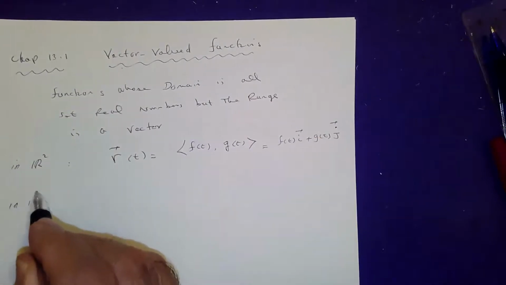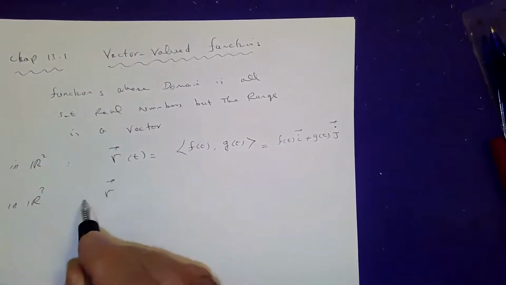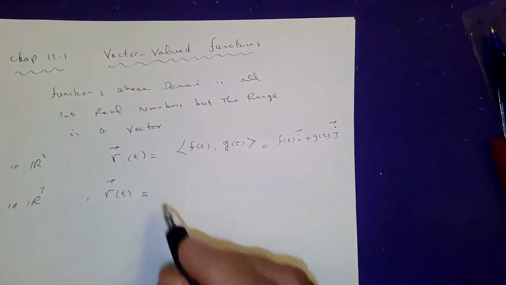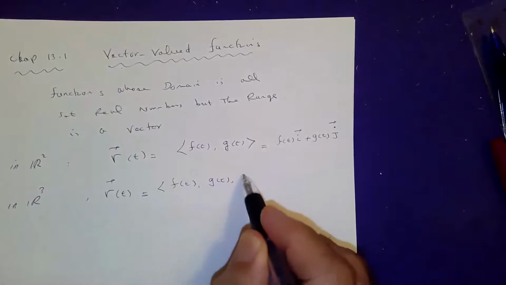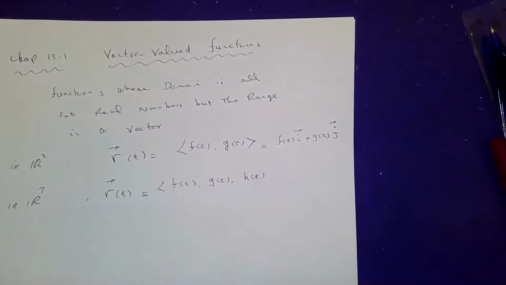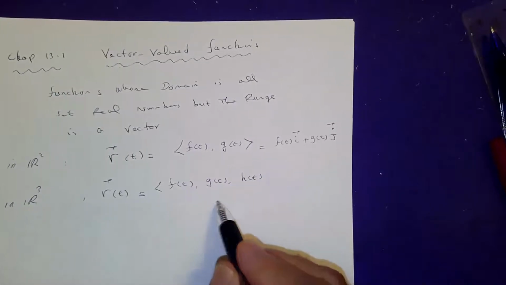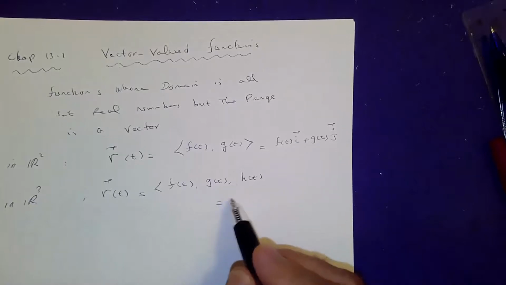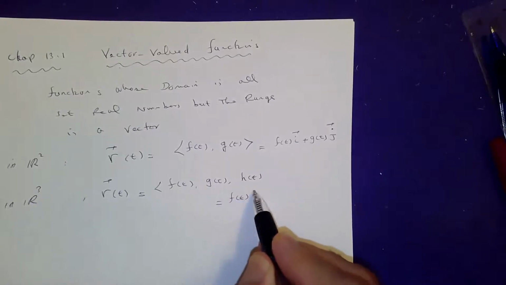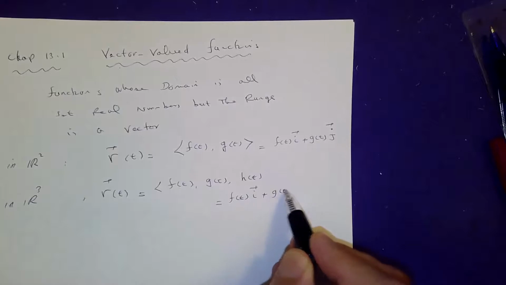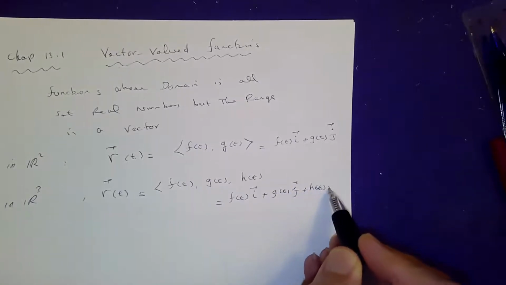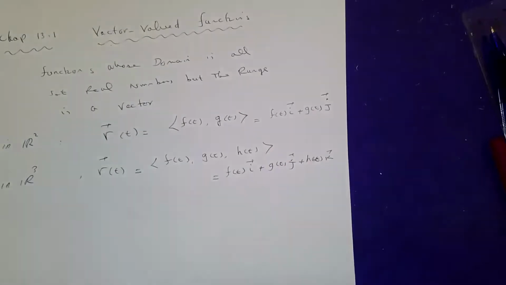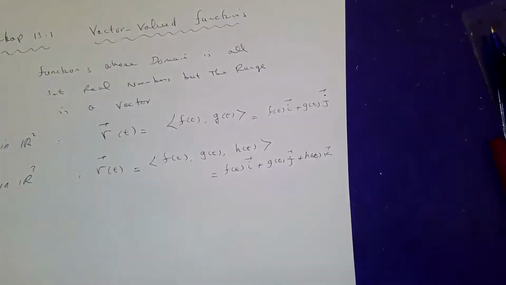However, in R3, my vector valued function looks like f of t, g of t, h of t, which using the standard unit vectors would be f of t i plus g of t j plus h of t k. So either notation is good.